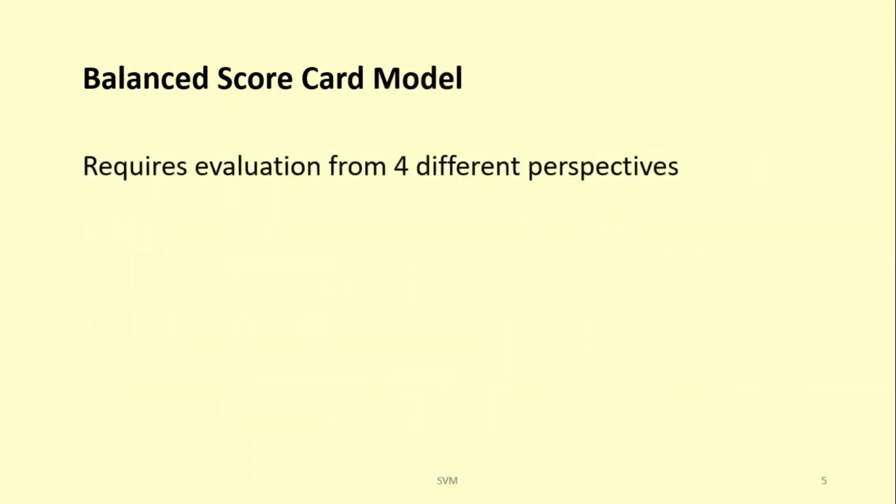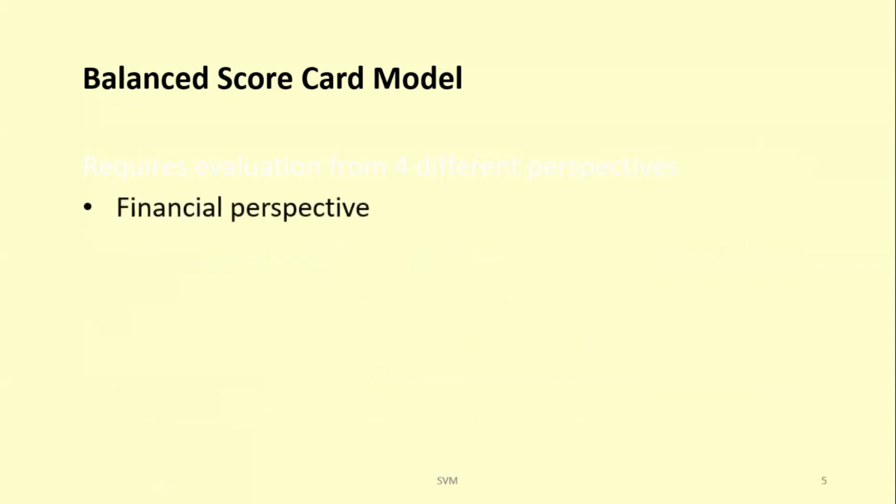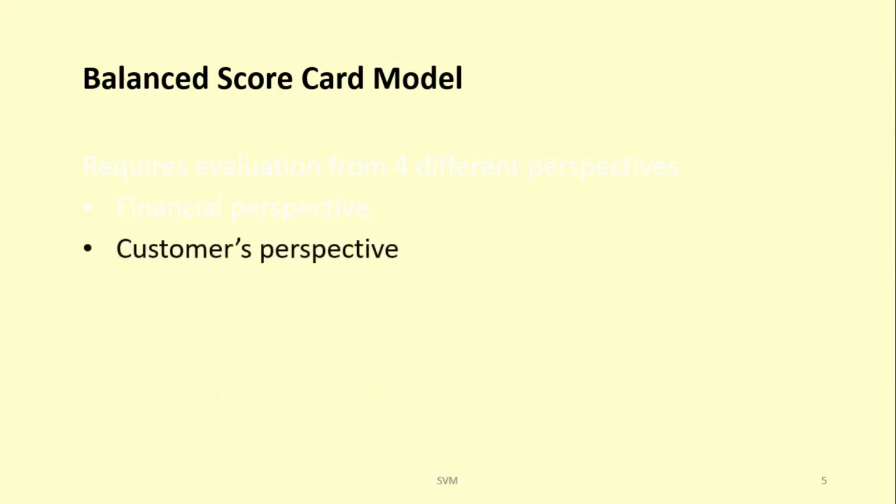Then the balanced scorecard model requires evaluation from 4 different perspectives. One is the financial perspective. We saw that in a detailed way, what type of measures we can have. Customer perspective: one of the measures can be customer satisfaction score.